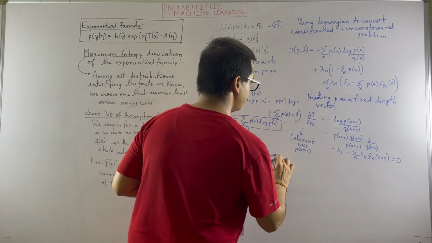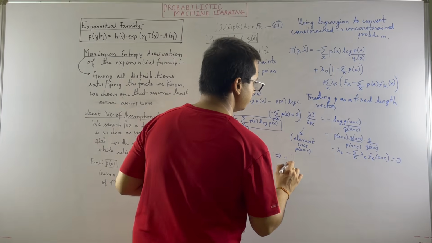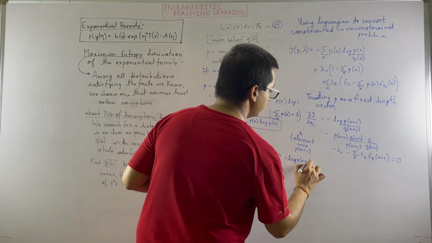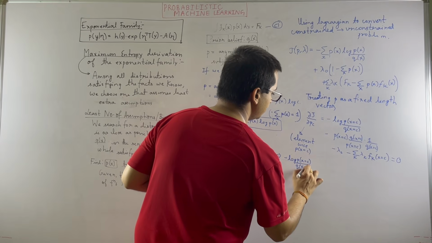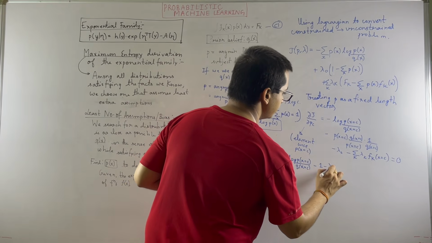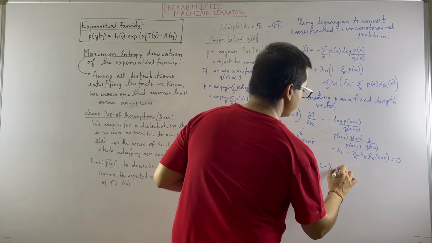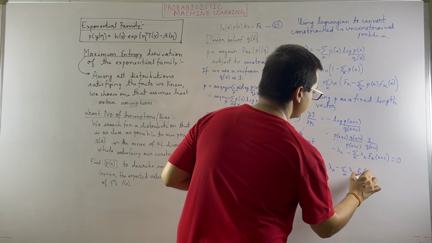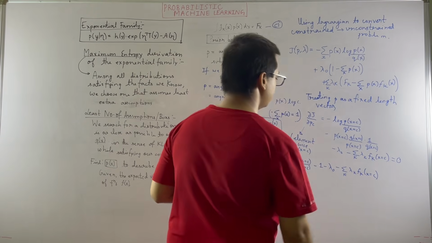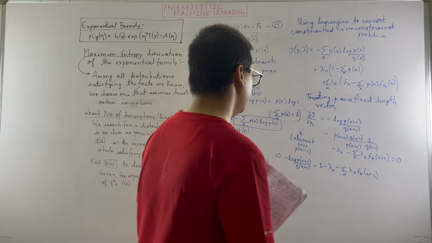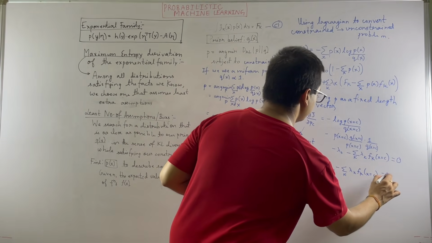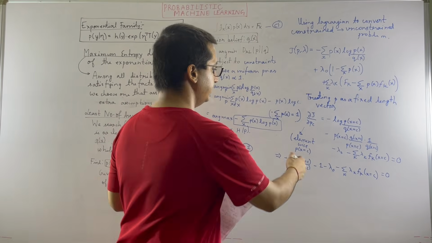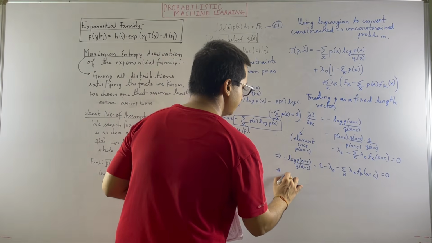So in very simple terms, what do I get? I get log p(x=c) by q(x=c) minus 1 minus lambda naught minus summation over k lambda k f_k(x=c), and this is equal to 0. So if I take 1 plus lambda naught as some constant, and if I take out the logs, what do I get?